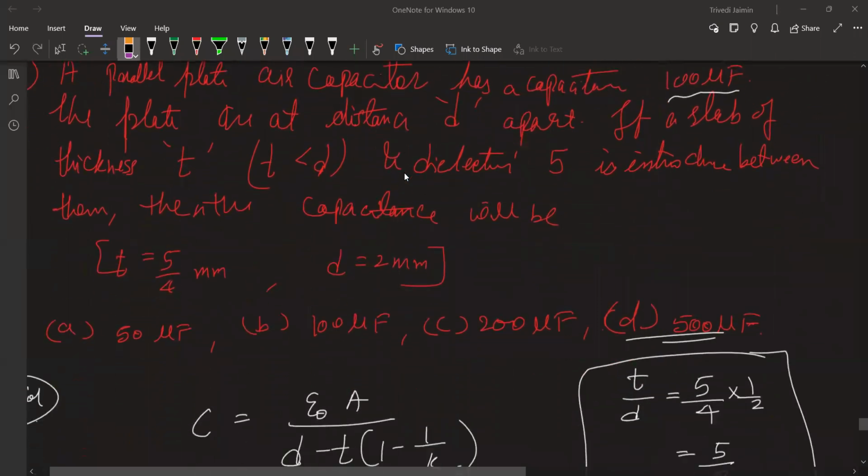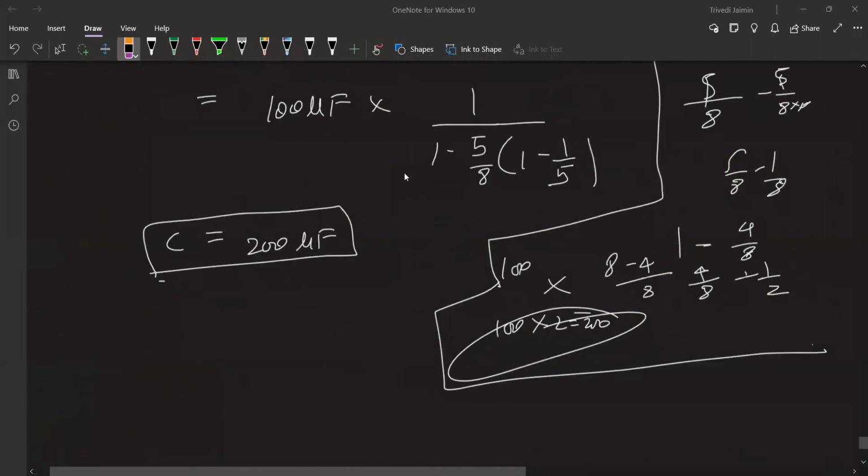If I show you with the diagram here, these are two plates, and there is just a plate between them. This is dielectric. So this thickness is less than distance between them. So then we have to use this direct formula which I wrote here.